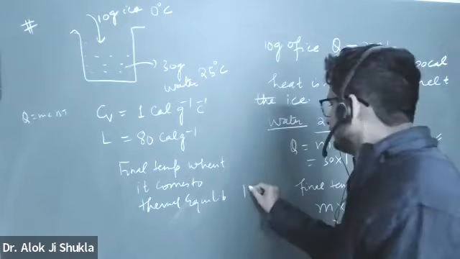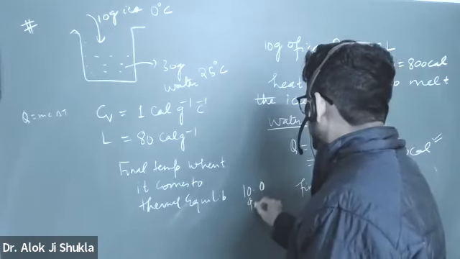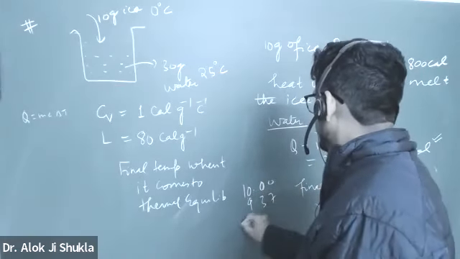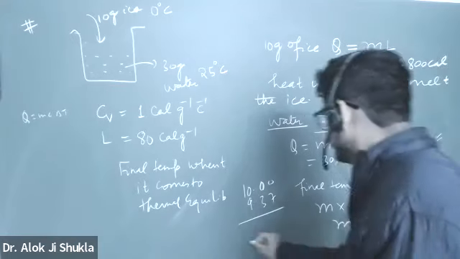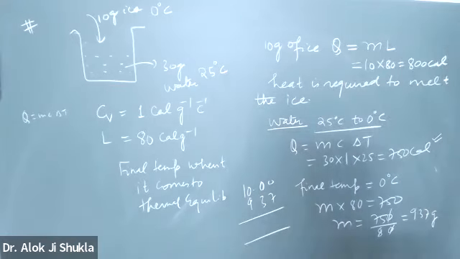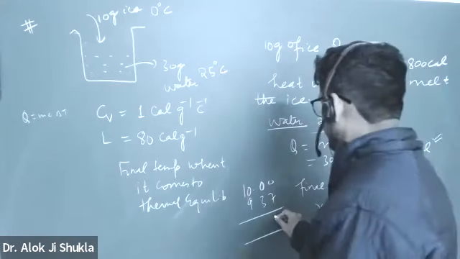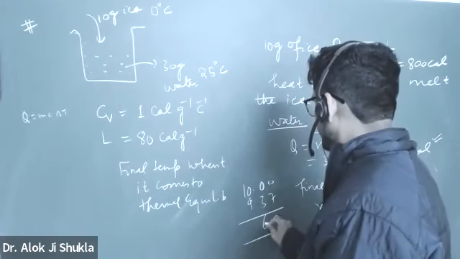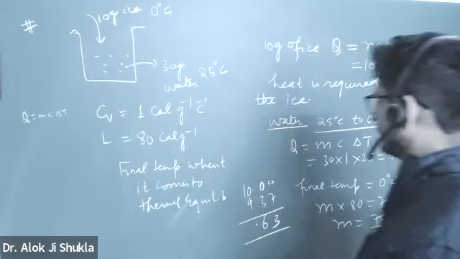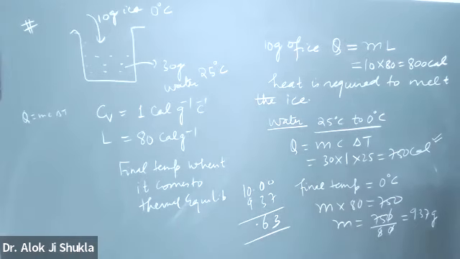That means 10 minus 9.375, which is 0.625.